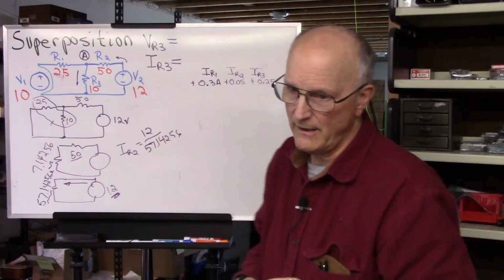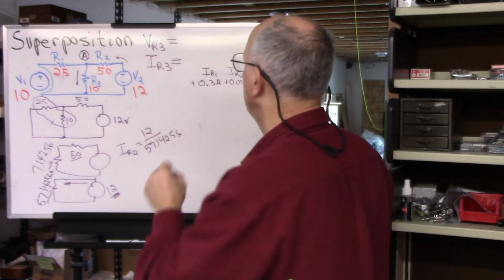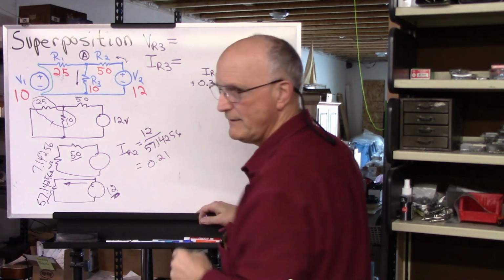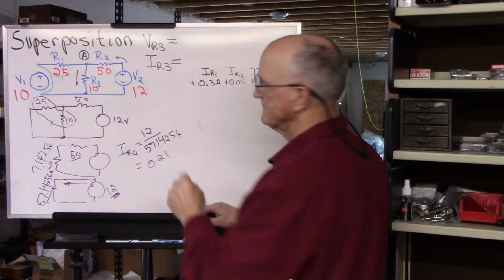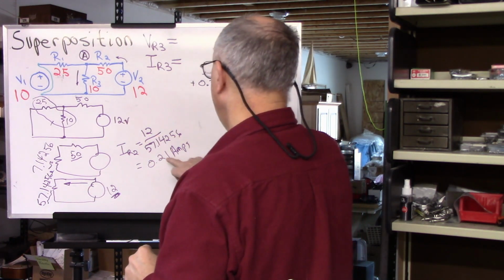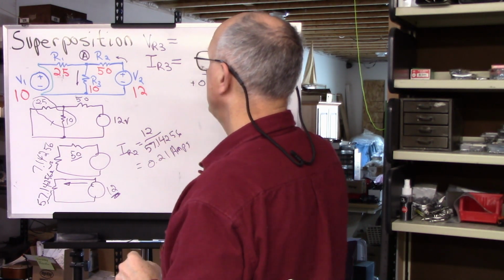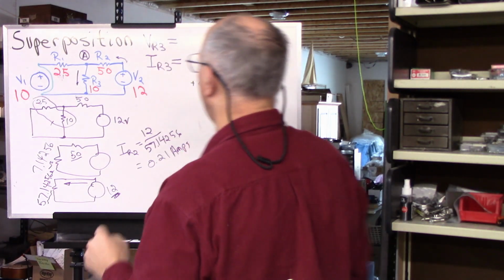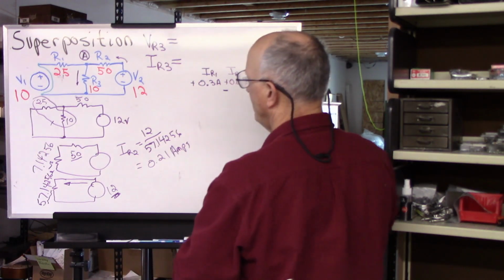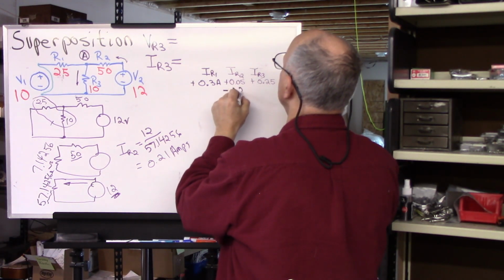And so IR2 comes out to be, believe it or not, 0.21 amps. But this is moving right to left, which makes it negative. So we're going to put this up here, 0.21.